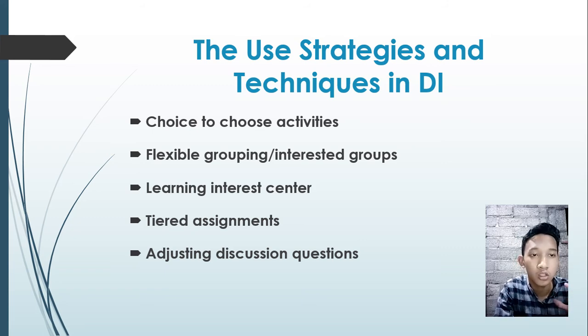The activities for each group are connected to the students' readiness and the key skills they need to get. This differentiated instructional strategy is a good way for the students in a group to achieve the same goal. The goal is the same, but they choose different topics based on interest.